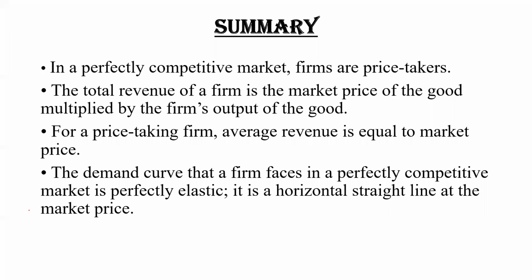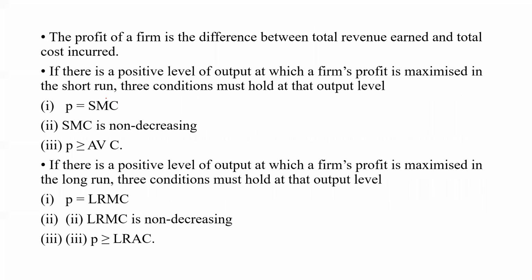So last class we had gone through the meaning of a perfectly competitive market. After that we studied the profit formula. Then we studied the short run and long run concepts. Under that we studied three equations, three properties to know whether it is the profit maximization point.